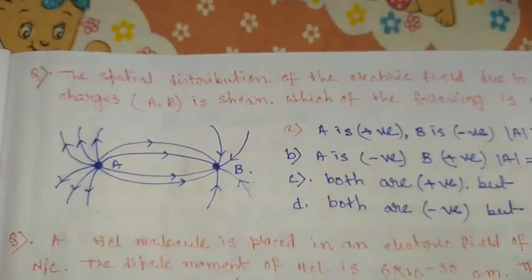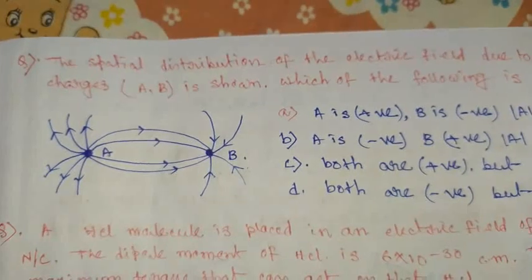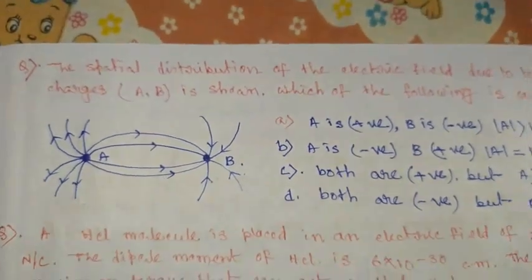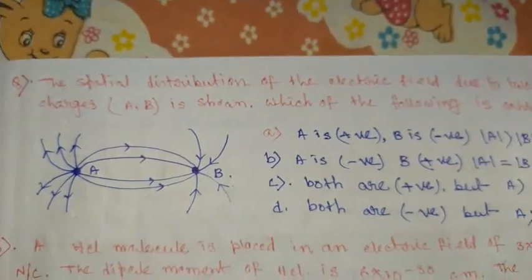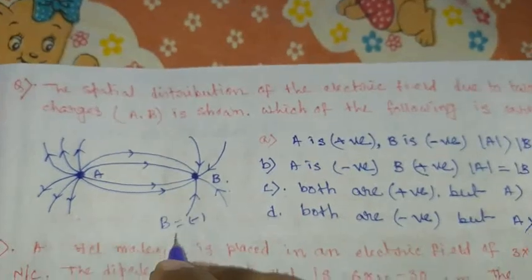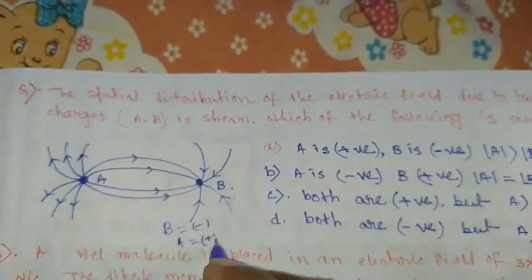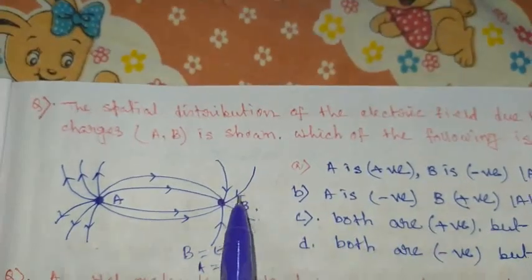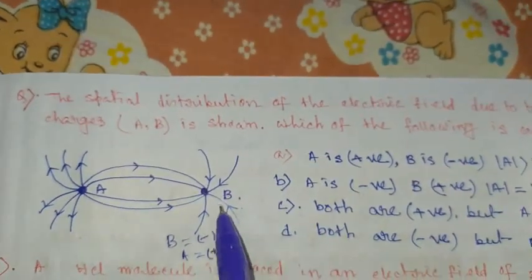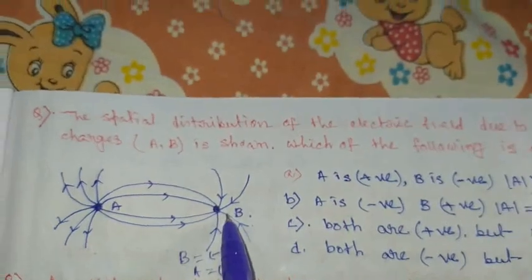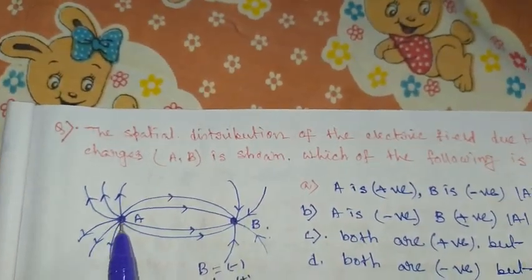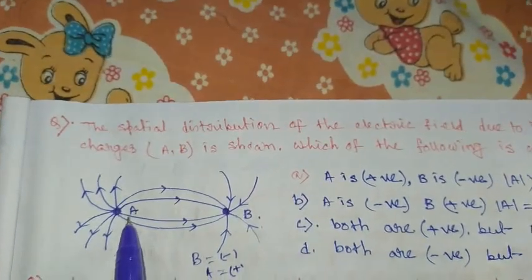From positive charges the flux lines come out, and the flux lines go towards negative charges. From these properties we can predict that B is negative and A is positive, because A and B are two charges. Here you can see the flux lines going towards charge B, and here you can see the flux lines emerging from point charge A.